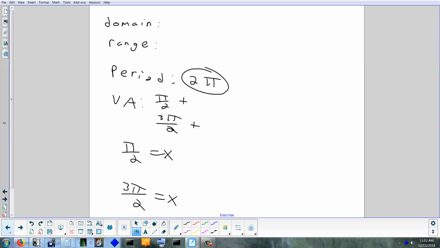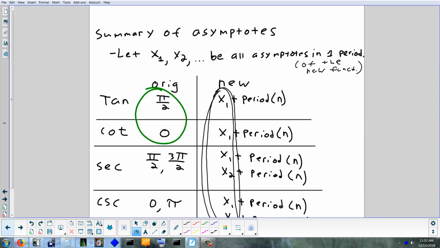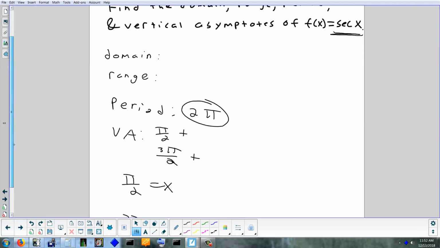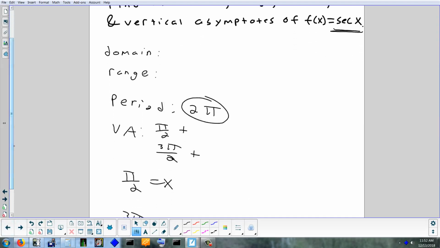So I have to put plus period times n. This is why I did the period first. What was the period? 2 pi. So you're going to get that asymptote every 2 pi radians, and you're going to get that asymptote every 2 pi radians. 2 different asymptotes repeating every cycle.